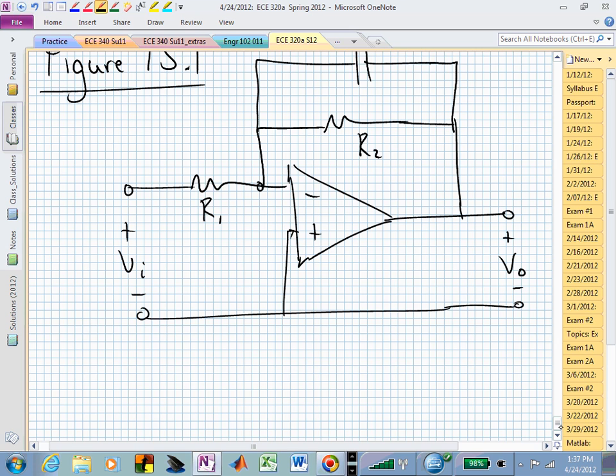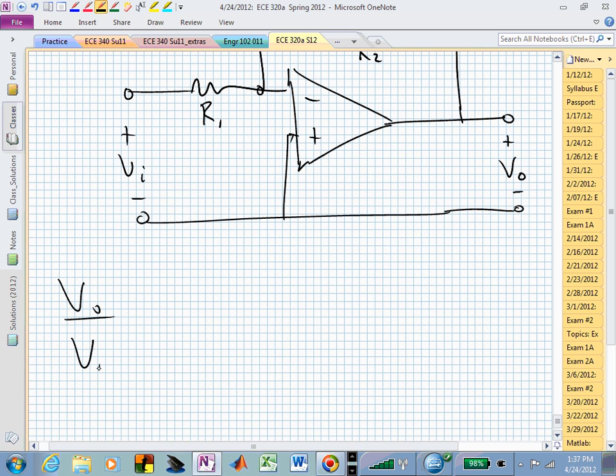In this case, we can now think of V out over V in as minus the feedback impedance over the input impedance. And what is the input impedance?